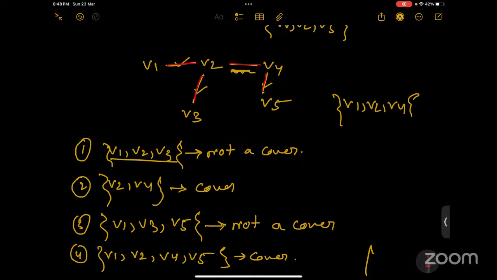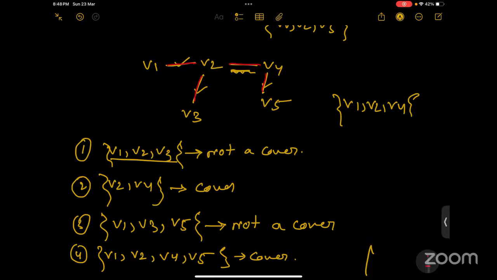Maximum we know is a trivial set. If I collect all the vertices, then it will be the maximum, right? And if I can find the minimum cover, then it can solve some problem. We will solve a problem based on that.